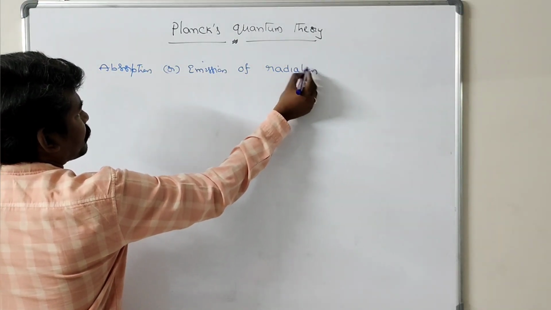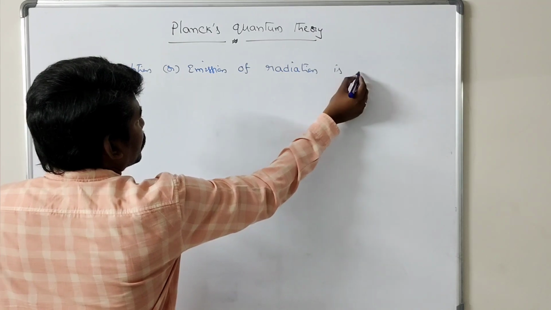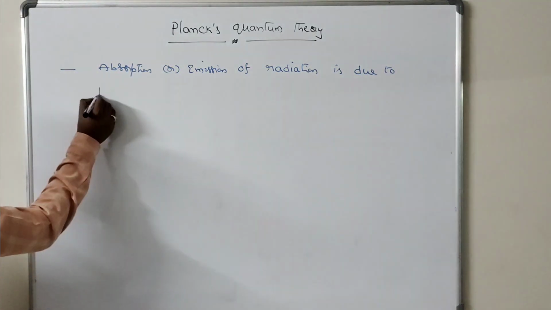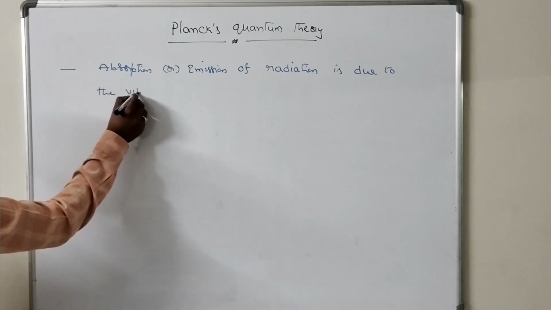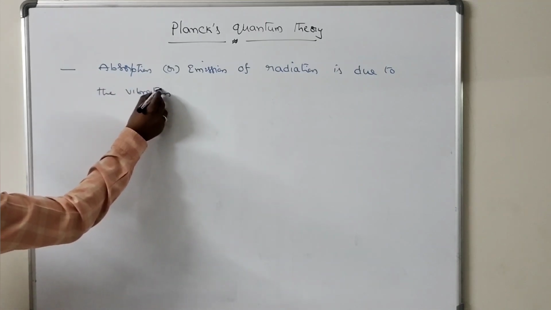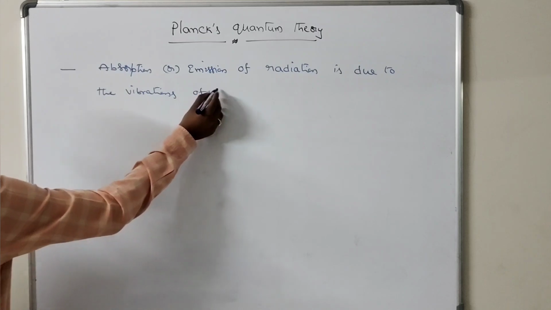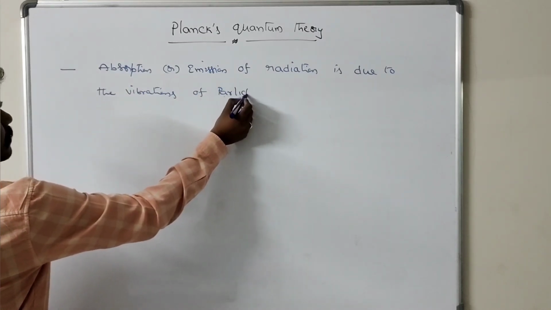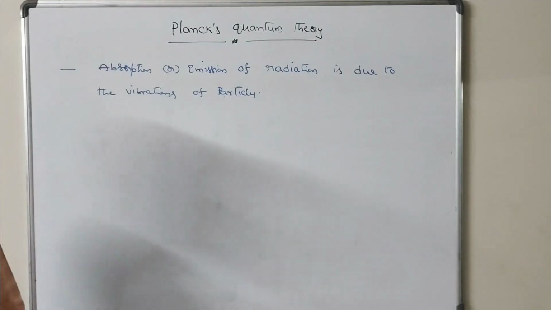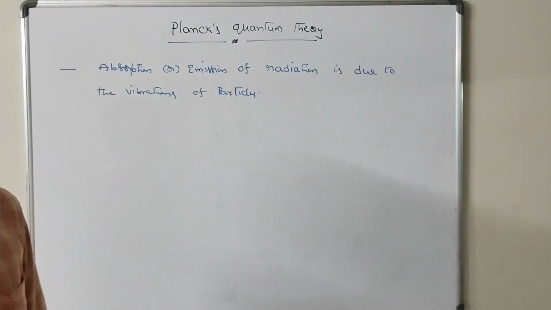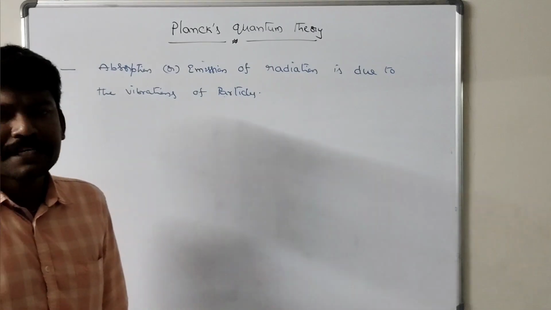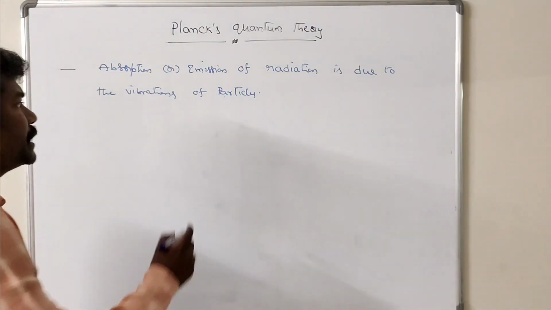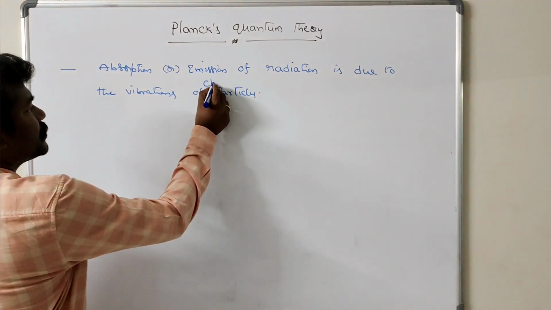Absorption or emission of radiation is due to the vibrations of particles. This is very, very important. The absorption or emission of radiation is due to the vibrations of particles. Which particles? These are charged particles.